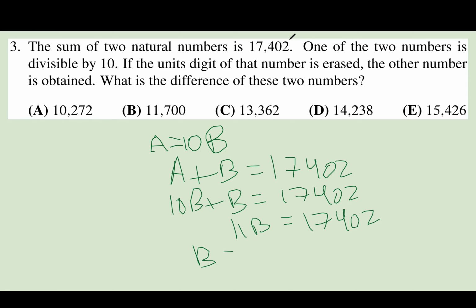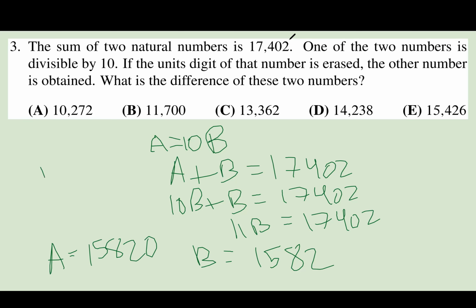Divide by 11, and when I did that, I got 1582. So if B is 1582, that means that A is 15820, right?